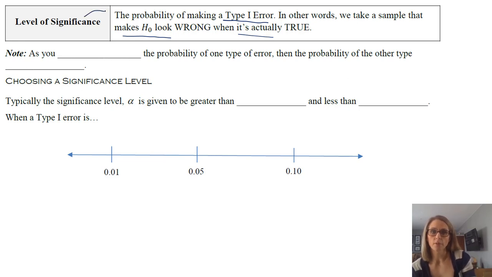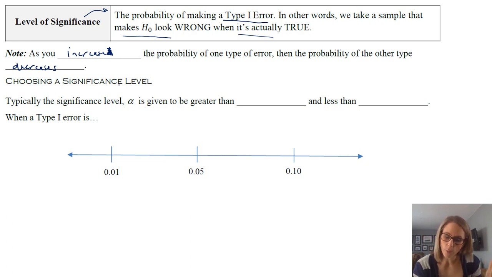So what happens is, as you increase the probability of one type of error, the probability of the other type decreases. Okay, so in choosing a significance level, often we will be given the significance level, but you could arguably be asked to choose it based on which error would be more scary.